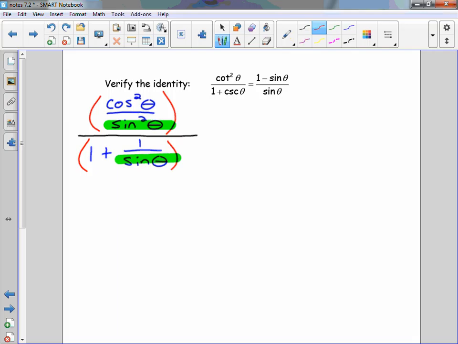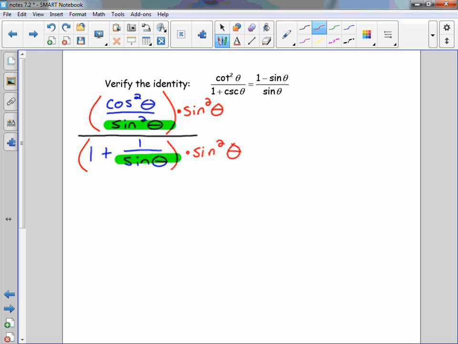So in order to get this to go away, I'd have to multiply it by what? By sine squared, right? If I multiply this by sine squared theta, in order to keep the left side equal, then I would also have to multiply the denominator by sine squared theta.